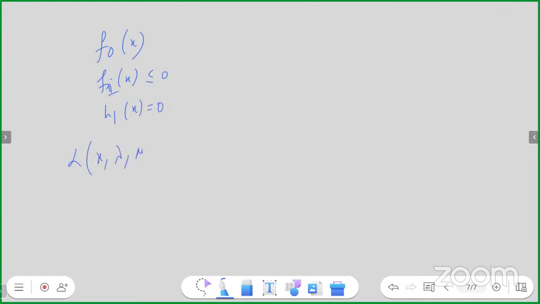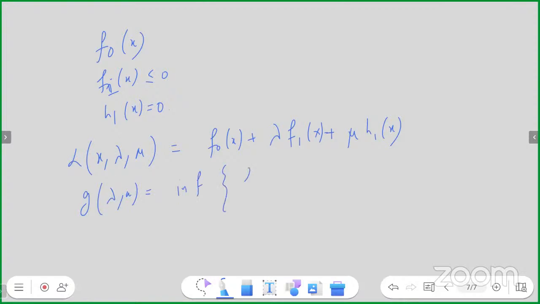L of x, lambda, mu is equal to f0 of x plus lambda f1 of x plus mu times h1 of x. Okay, now try to infimize this. So g of lambda, mu is the inf of all of this. Now where does the conjugate appear?